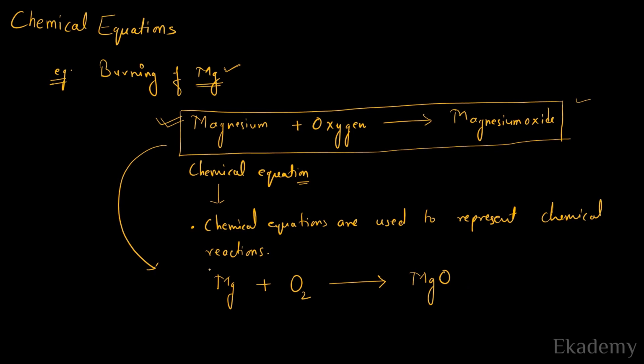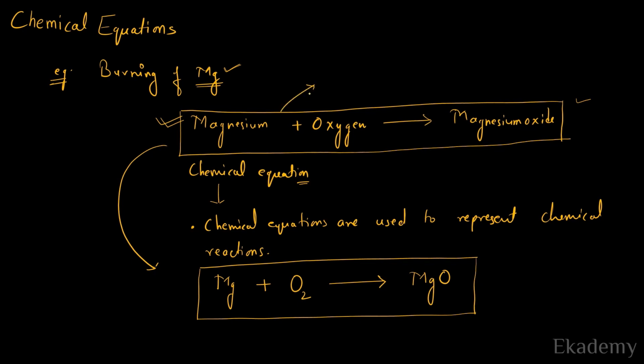So this is another way to write the same equation using symbols and formulae. This type of chemical equation is known as a word equation, and the other type is normally known as a chemical equation using symbols and formulae.